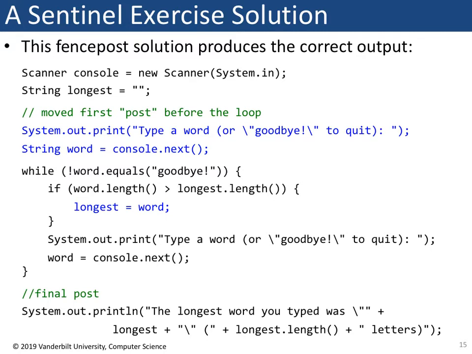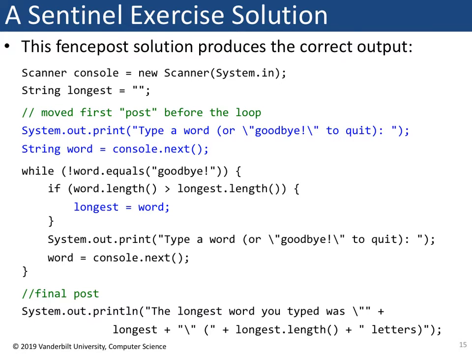Now we're going to test to see if this word is goodbye exclamation mark. If it were, then we're not going to do the contents of the loop, and we are going to jump to the end. However, let's say that it's not goodbye, then inside the loop we're going to check to see if this new word is longer than our current longest. It is, because the current longest is an empty string, and so longest is replaced by word.